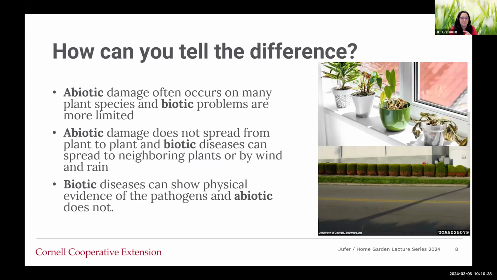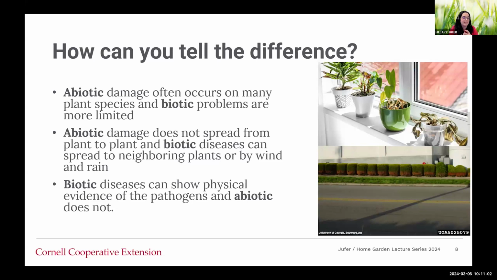Am I seeing presence of insects? Am I seeing anything like that? No, I'm not. So, you know, what could it be? It's that abiotic damage that looks like it might be spreading, but in reality, there's a path right there. So de-icing salt was just sprayed across all of them as they went and dealt with that.